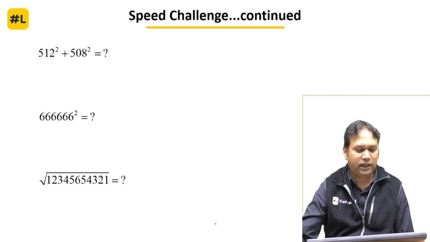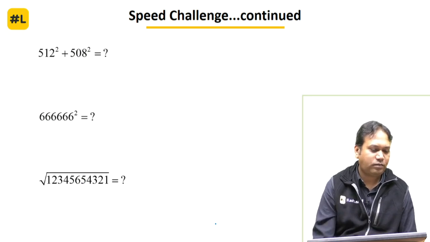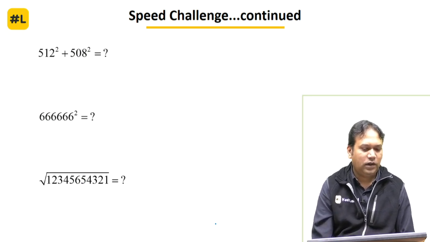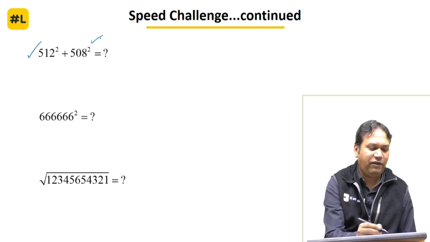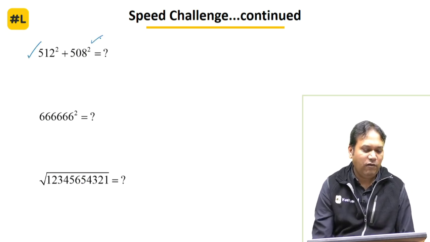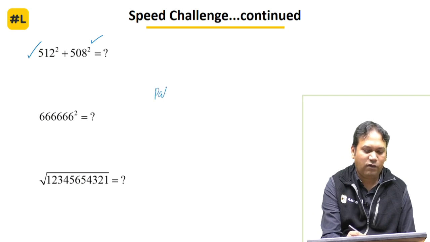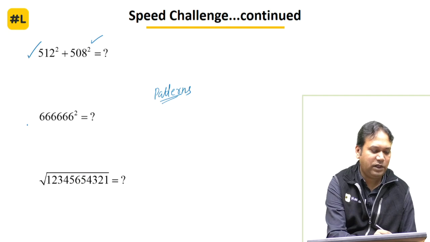Okay, these are some other techniques here that you can note down. How to calculate 512 square, how to calculate 58 square, all I have explained to you. For patterns, I will be teaching you now how to solve for patterns. These are numbers based on patterns.